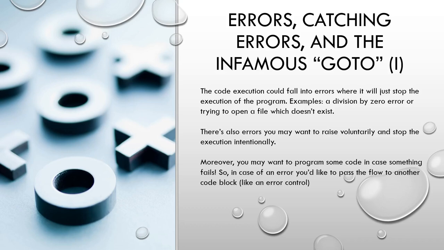Fact is that there are more features in the Visual Basic for Applications language, but the main purpose is also to get a glimpse of what it is to do instructional programming, and there are a lot of languages for that. So now I'm going to cover a few last items, for example errors, catching errors, and the infamous goto.